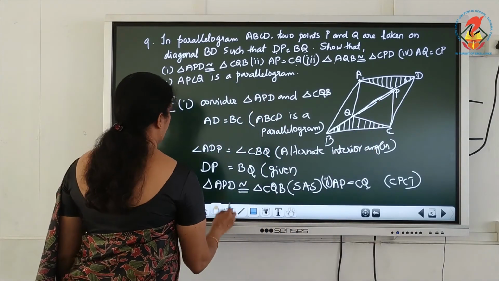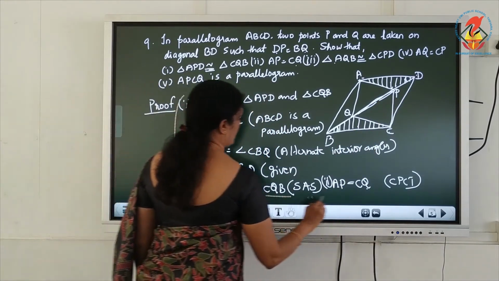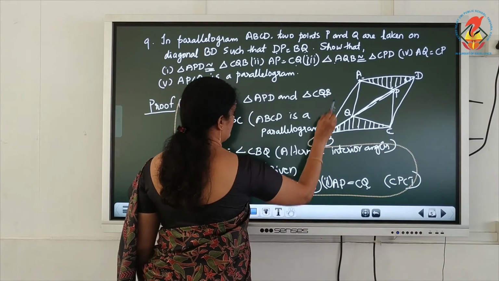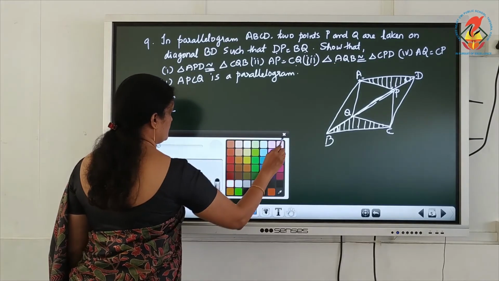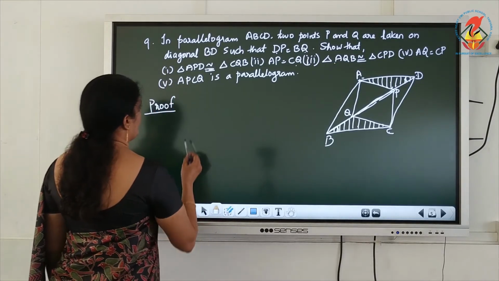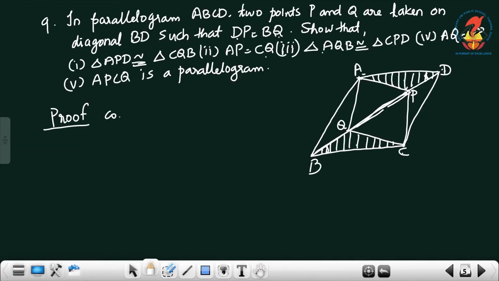Next one, third question. Consider triangle AQB and triangle CPD.